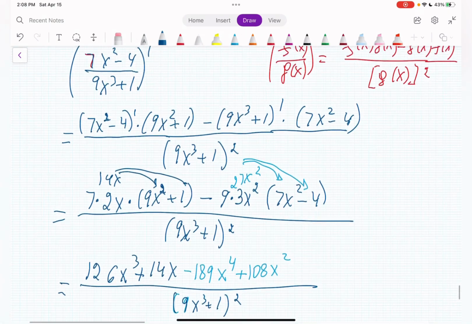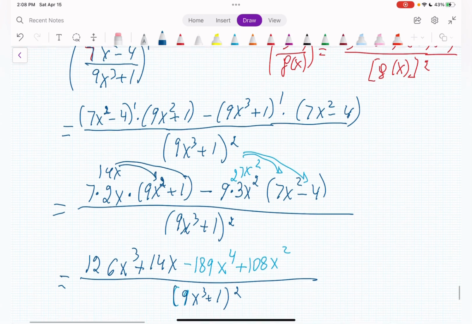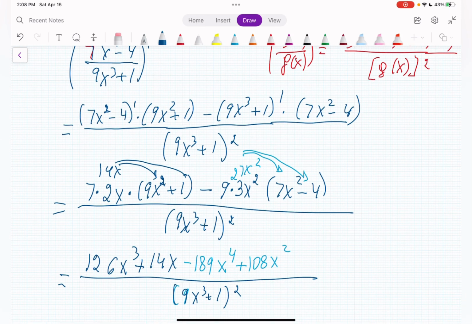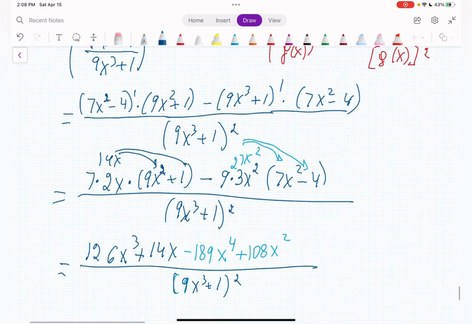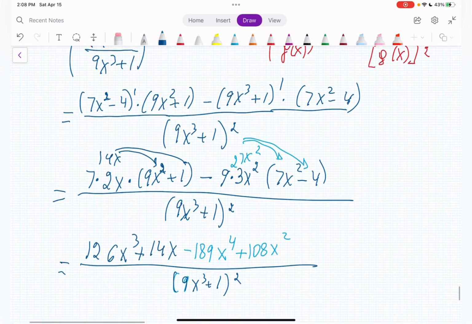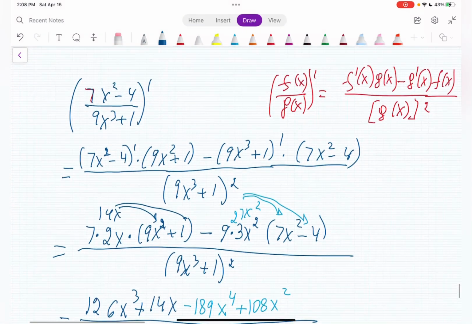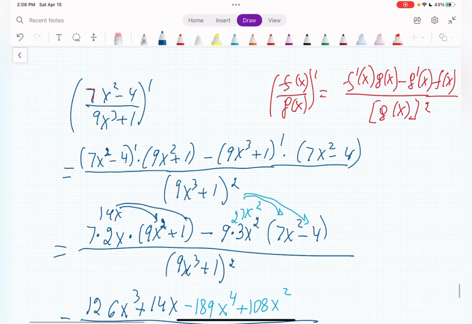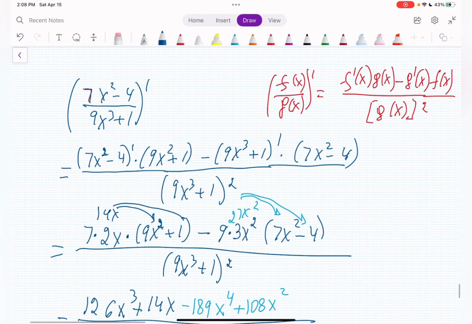So let's go one more time. Derivative of 7x squared is 14x. Derivative of 4 is 0, times 9x cubed plus 1, minus derivative of 9x cubed. It's going to be 9 times 3, 27, x squared times 7x squared. Okay.